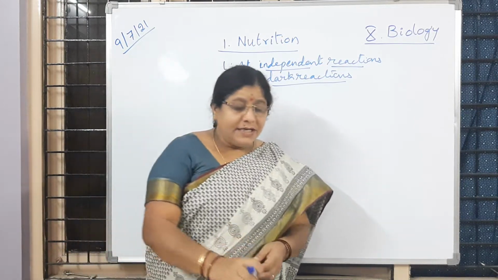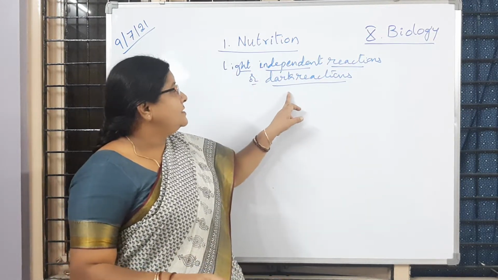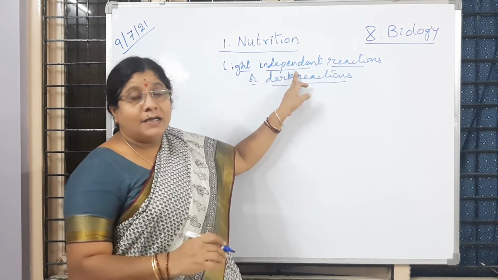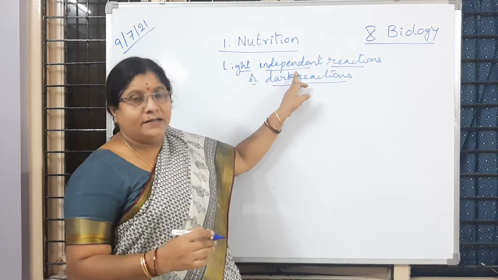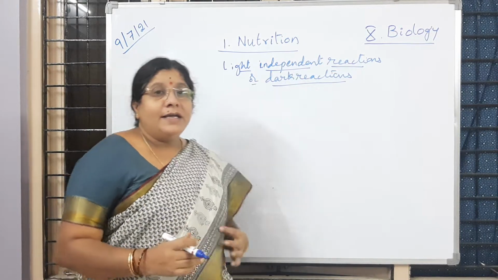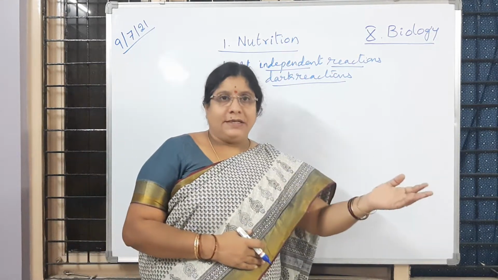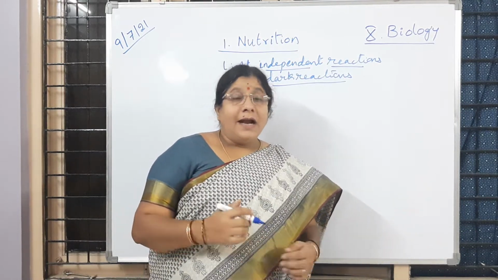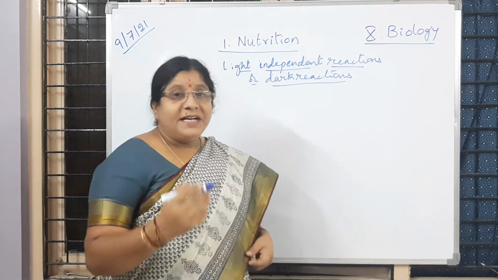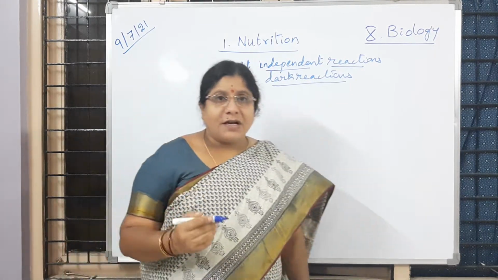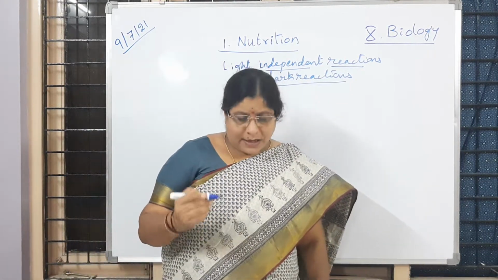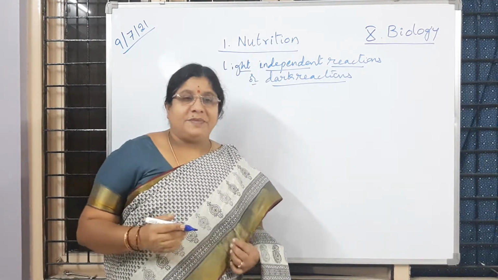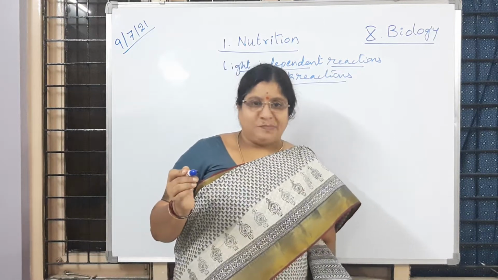Why are they called dark reactions? Because they are light independent. Here the solar energy is not needed. Why? Because the solar energy is already fixed in other forms in the light reactions. The ATP and NADPH formed in light reactions are going to be used by the plants in different steps to fix the carbon dioxide. Is it clear to you?